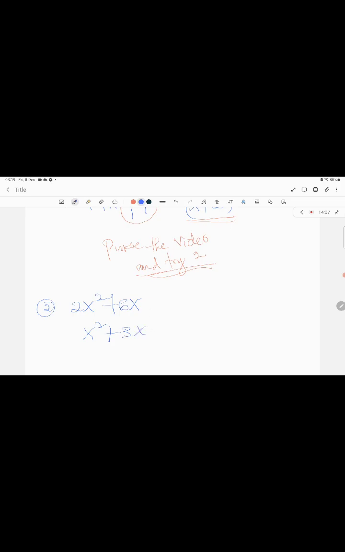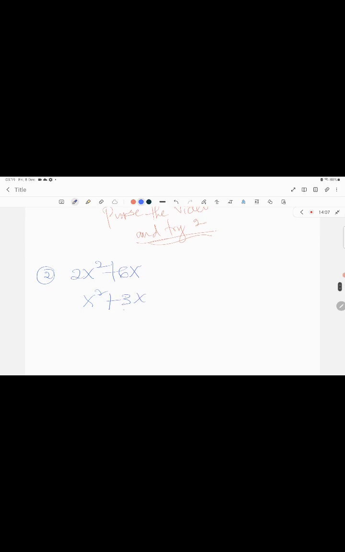Then the next thing we are going to do is pick the coefficient of this, which is 3. We multiply it by 1 over 2. We square it. And the final answer we get, which is 3 over 2 squared, we add it to this one that we have here, and it becomes a perfect square.